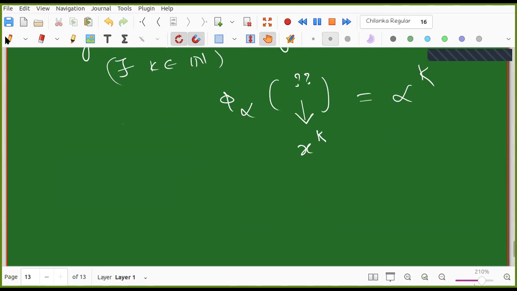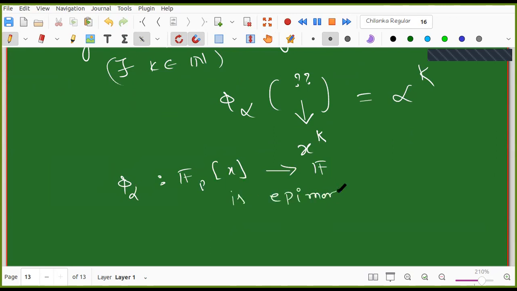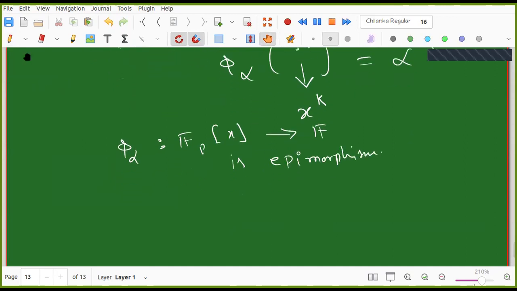Now finally we proved that phi alpha from Fp[x] to F is an epimorphism. Don't worry if you do not know. Epimorphism is onto and homomorphism. So then by the fundamental theorem of homomorphism of rings.